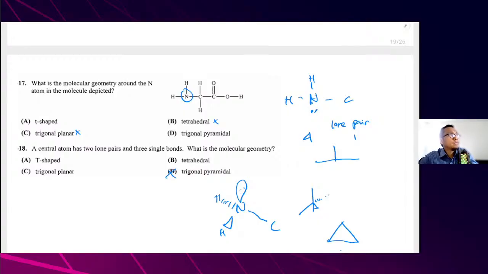I don't know, what's wrong? Because it has 2 lone pairs. And this is what makes me confused sometimes, because we need to know why T shape. It only has 1 lone pair. Yeah, it looks like 1 lone pair. I don't know.